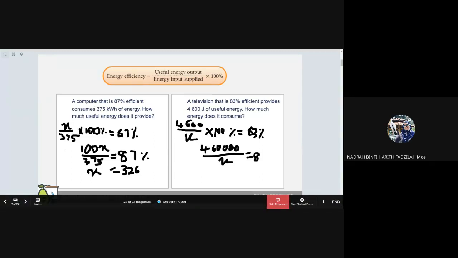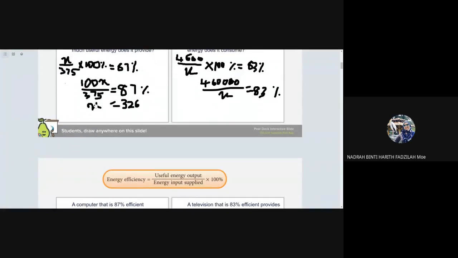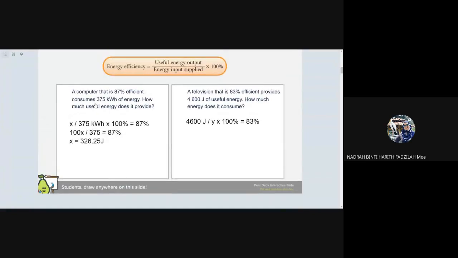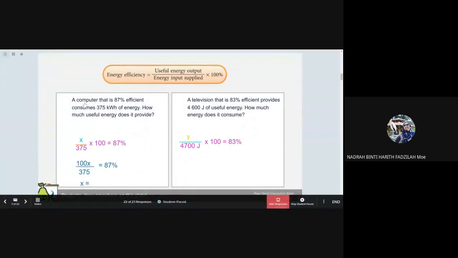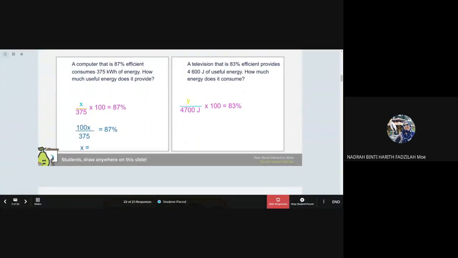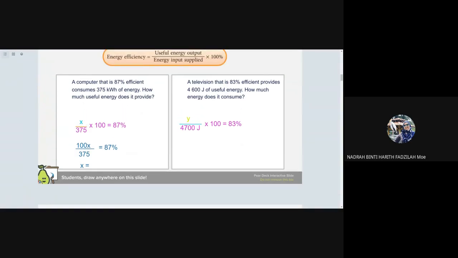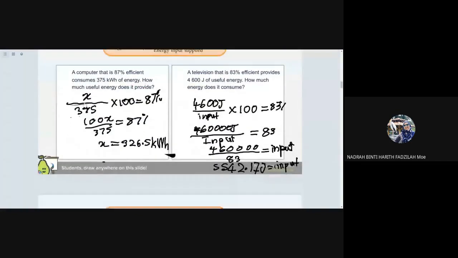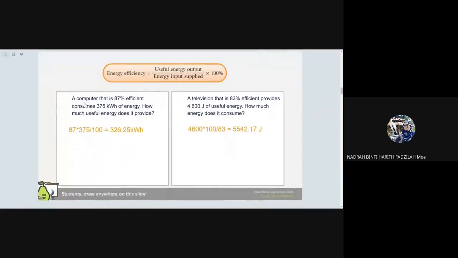So our answer pun within the same unit lah, kilowatt. The unit is kilowatt ya, bukan joule, because the energy given here is in kilowatt. Okay, so when we calculate, of course lah, the amount is in kilowatt also, kilowatt per hour. Okay, kenapa watt, kadang-kadang guna watt, kadang-kadang guna joule kan.